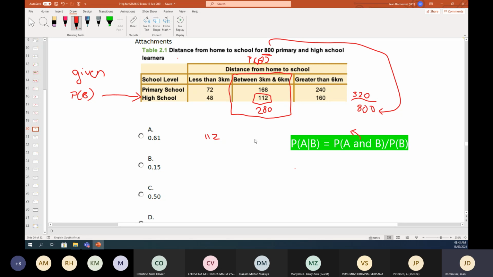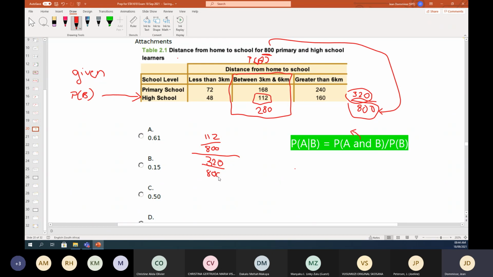Okay, so the probability of A and B is 112 divided by 800. And if I make a mistake, please just correct me. And then the probability of B is 320 divided by 800.